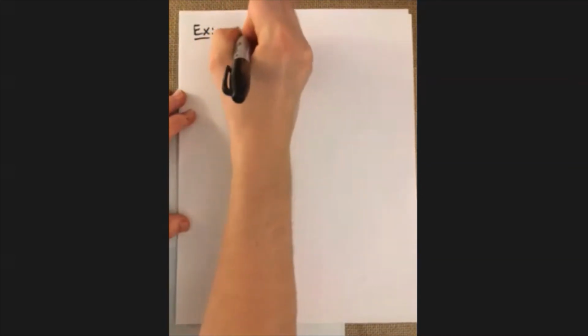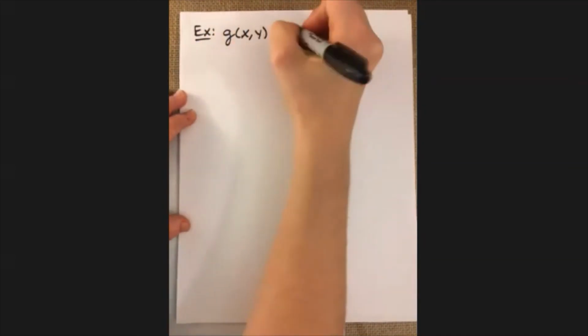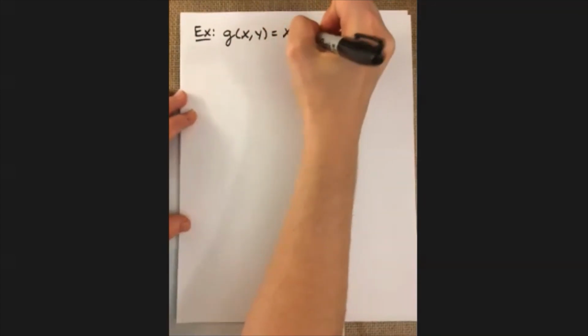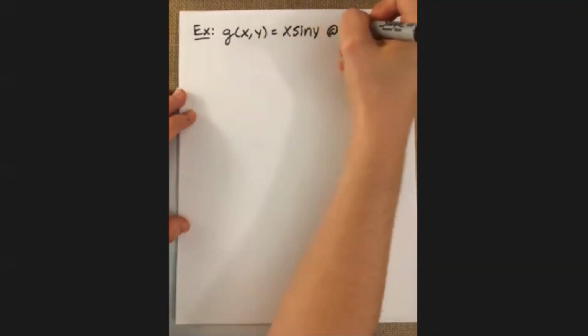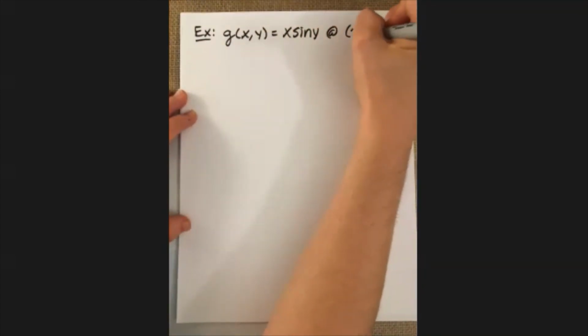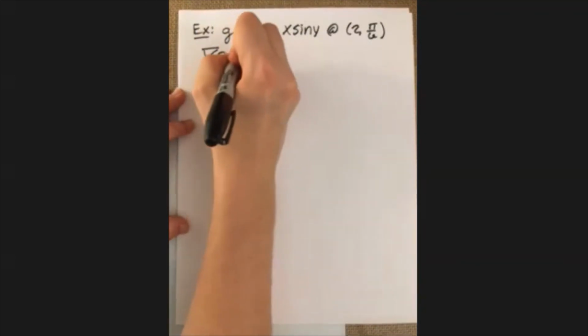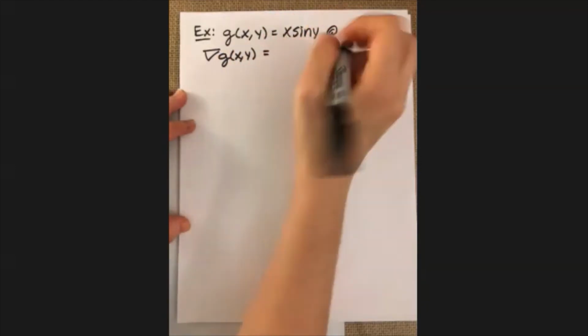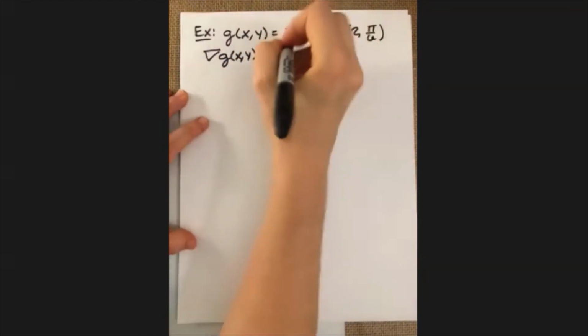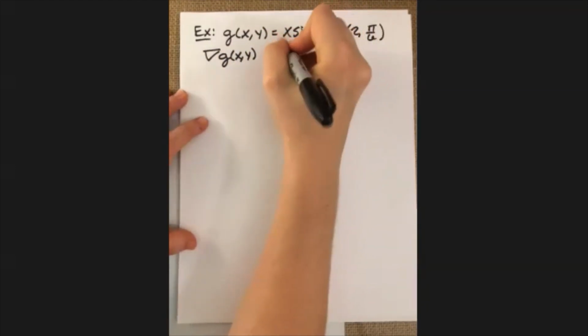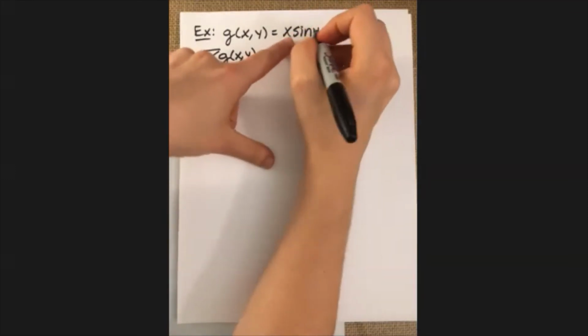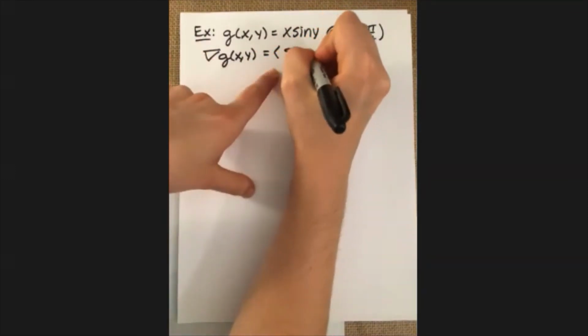We can look at one more like this. Let's say g of x, y is equal to x sine of y at the point (2, pi over 6). So the gradient here, we actually did not compute this one earlier. So the partial with respect to x is just going to be sine of y.